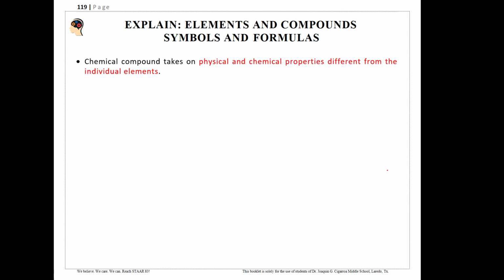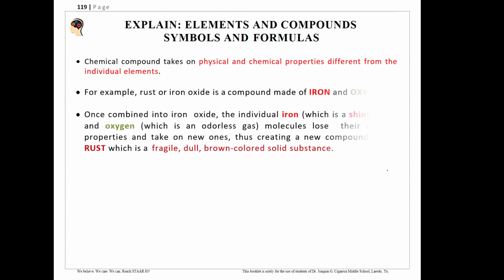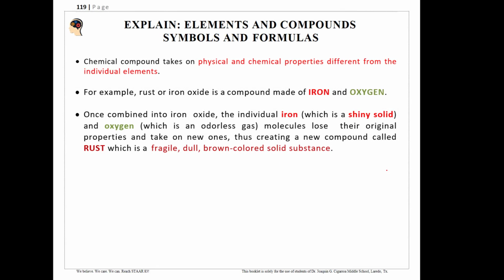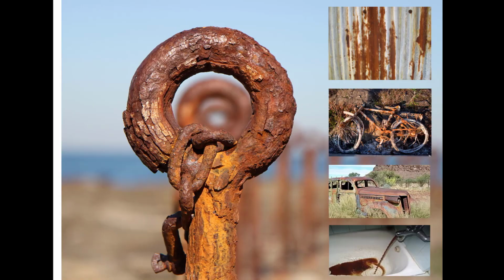A chemical compound takes on physical and chemical properties different from the individual elements. Now what does this mean? Let's take a look at an example, which is rust or iron oxide, a compound made up of iron and oxygen.